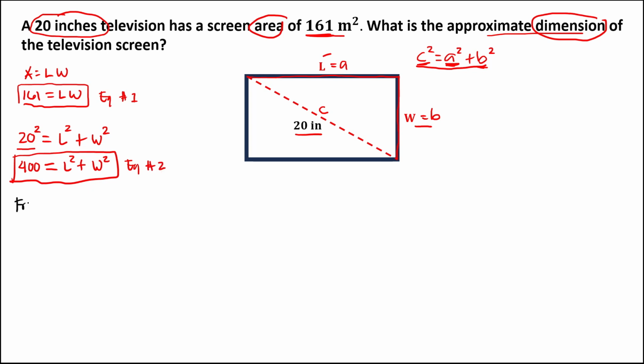Then this time, from equation number 1, 161 equals the length times the width. We need to isolate one variable. If we want to isolate a variable, we just divide both sides by the other variable.